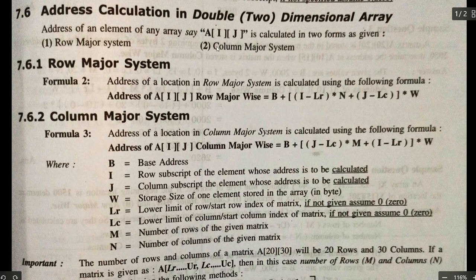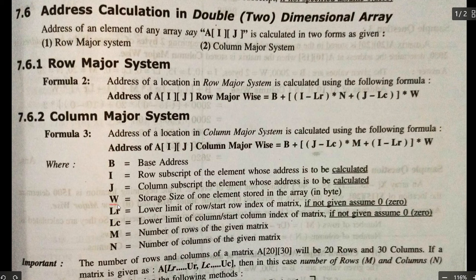For example, we want to calculate the address of Aij, so its row subscript is I. So row subscript will be represented by I. Column subscript of the element whose address is to be calculated is J. It is represented by character J. Means if we have an array Aij, then I is the row subscript and J is the column subscript.